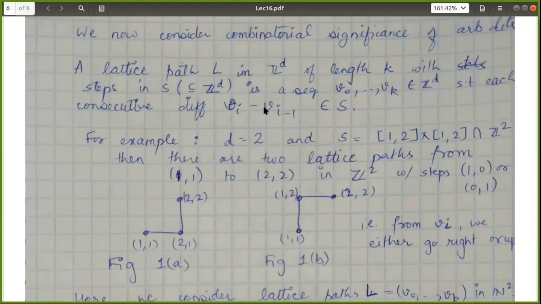This difference being 1,0 means you're moving horizontally from left to right.